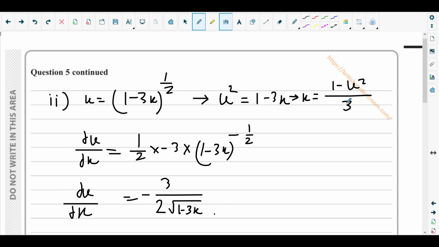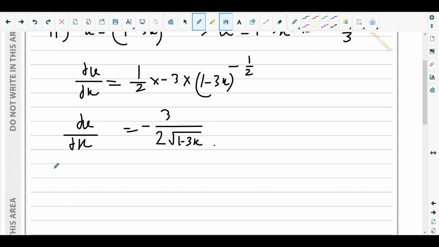Exactly. So we got a substitute for x also. Now our work is just to do the substitution, to plug in the substitutes in their respective places.